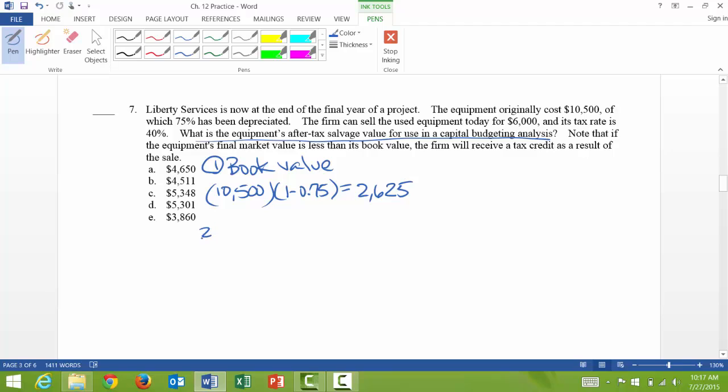Then we need to figure out, if that's the book value, are we selling this equipment at a gain or at a loss? And we know it's going to be a gain because the market value is 6,000. So here we would take the market value minus the book value.